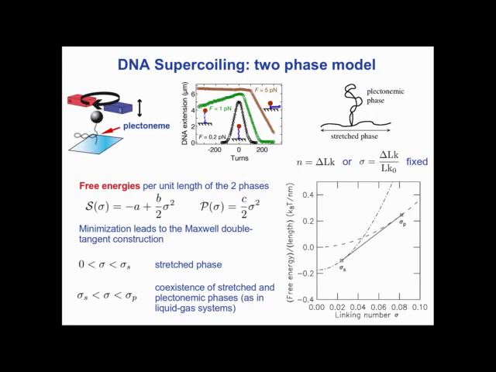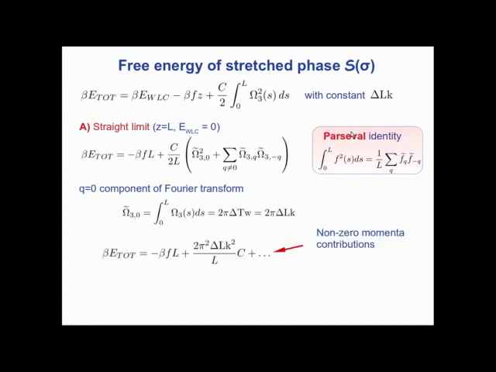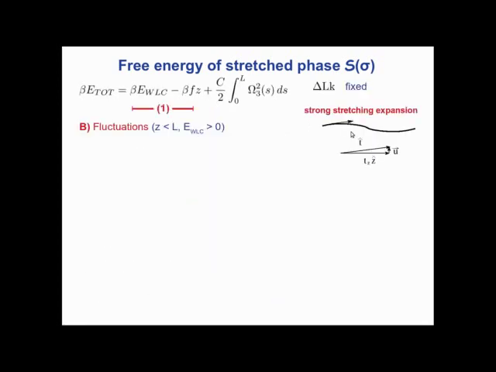I wanted to show this figure. Only the stretched phase contributes to the extension, Z. The plectonemic phase does not couple to the force, so it does not contribute to the extension.